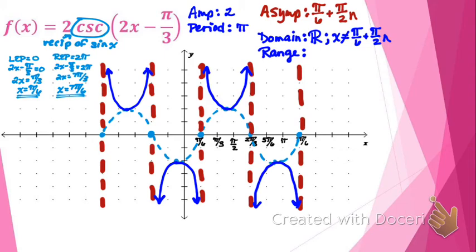So, let me draw the last circle. 1 pi over 6, 2 pi over 6, 3 pi over 6, 4 pi over 6, 5 pi over 6, that one doesn't reduce. 6 pi over 6, which would be pi. 7 pi over 6, 8 pi over 6, 9 pi over 6, 10 pi over 6, 11 pi over 6.